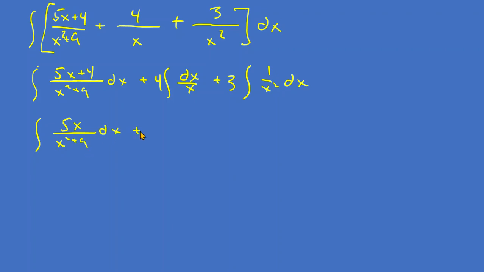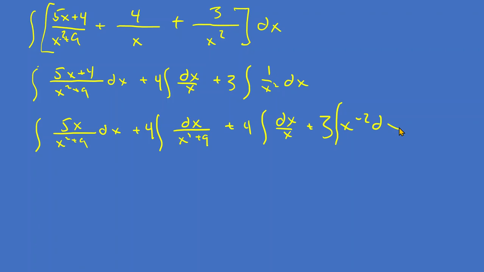And then we can take the 4, and again, I'm going to put the 4 out in front. So what we have is the integral of dx over x squared plus 9, plus my 4 times the integral of dx over x plus 3. And I'm going to write this as the integral of x to the negative 2 dx.